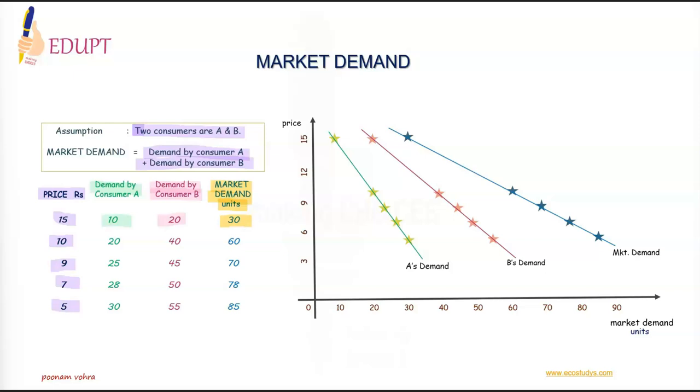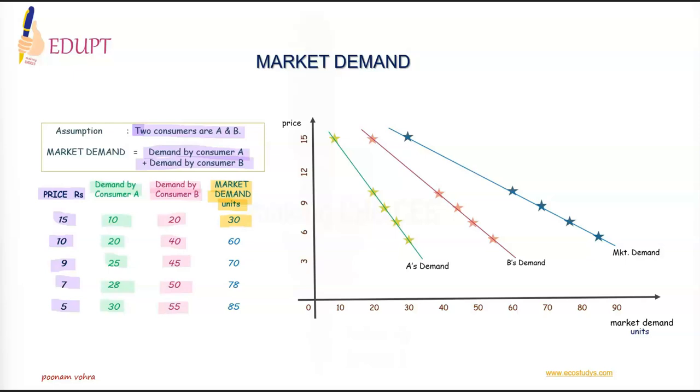Correspondingly, demand by consumer A is 20, 25, 28 and 30. And by B is 40 units at price 10, 45 units at price 9, 50 units at price 7 and 55 units at price 5.